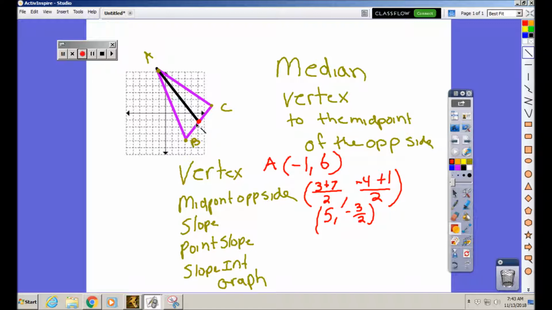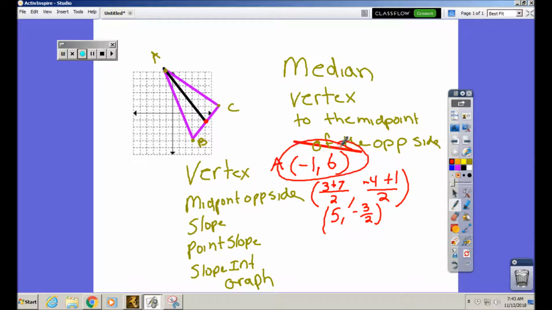Back to the video. Okay, so the counting thing, I'm getting a little lost here what line I'm using. So I'm going to actually use the slope formula for that point and that point. I'll highlight them so you can see what I'm saying. Okay, so how do I find the slope? 6 minus negative 3/2. That's negative 1.5, right? Correct?